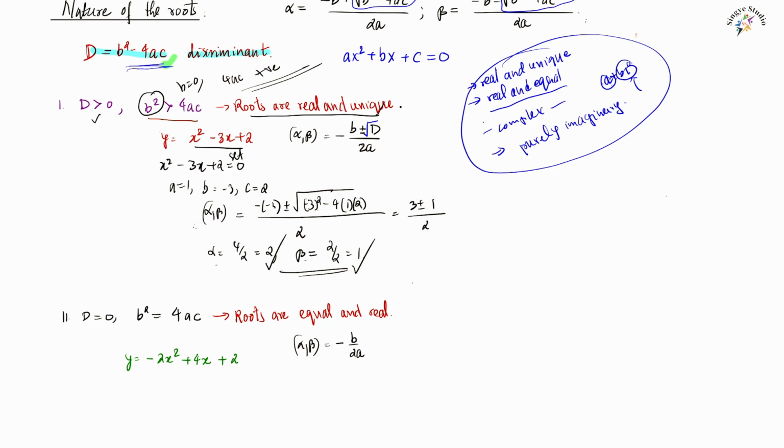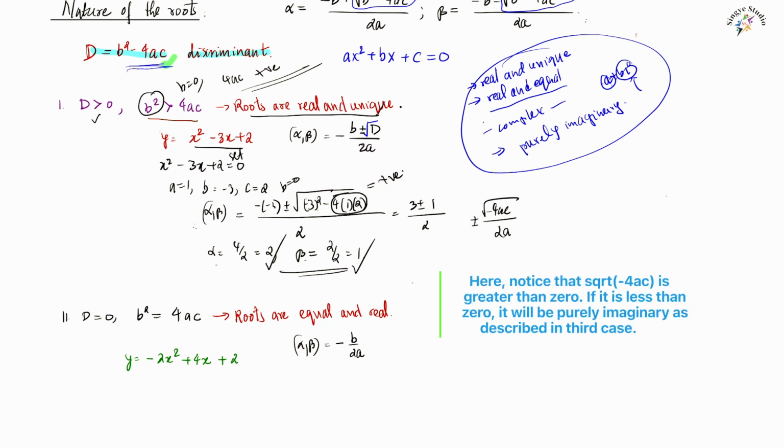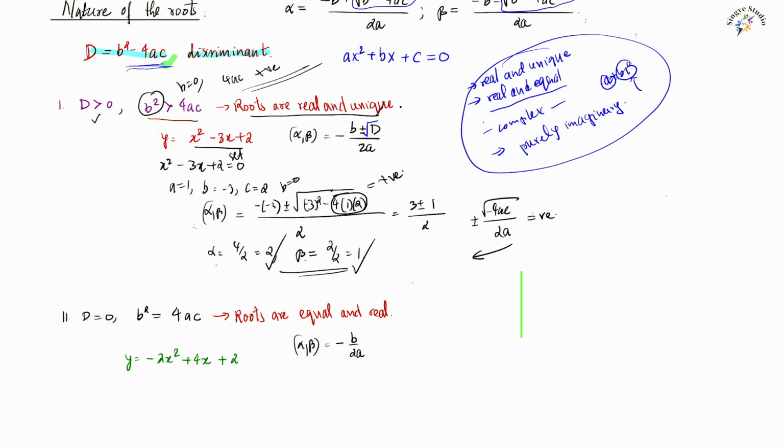Even if b equals 0, this part, plus or minus root of negative 4ac upon 2a, should be positive to give a real value. Therefore, if D is greater than 0, the roots will be real and unique.